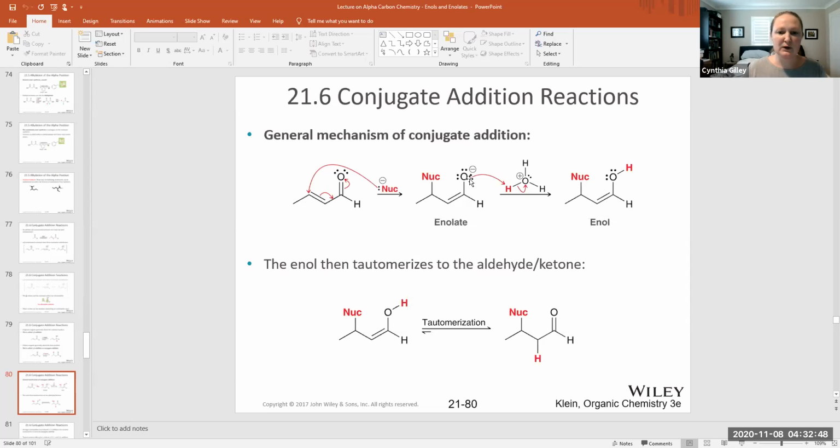Okay, so initially you can show proton transfer at the oxygen if you want to form the enol, but then of course enols tautomerize to their more stable constitutional isomer, the keto form, which in this case is an aldehyde, and overall then that proton moves from the oxygen to the alpha carbon. So in the end, the addition is really, if you start counting here, would be at position 3 and 4, but instead, because of this, we call this a 1,4 addition.